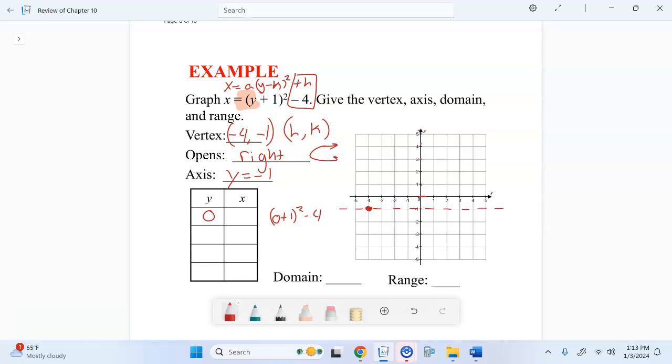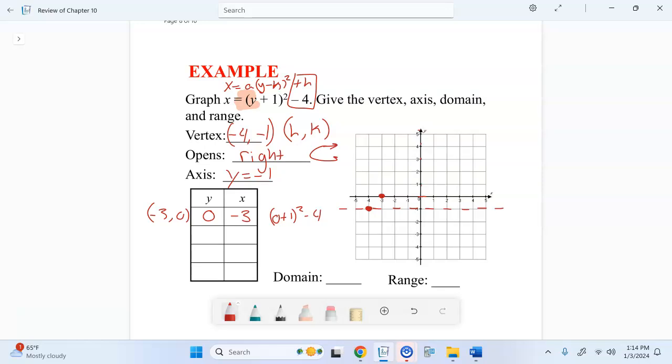What's 0 plus 1? 1 squared. 1 minus 4. Negative 3. Now be really careful because we kind of flipped our x and y chart. So when we're looking at our ordered pair, we need to kind of flip it back. The x value is negative 3. The y value is 0. So we have the point negative 3, 0.